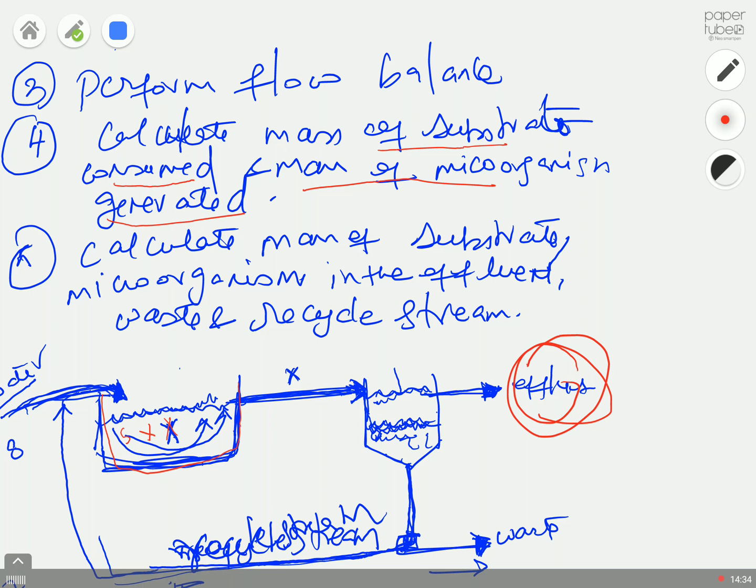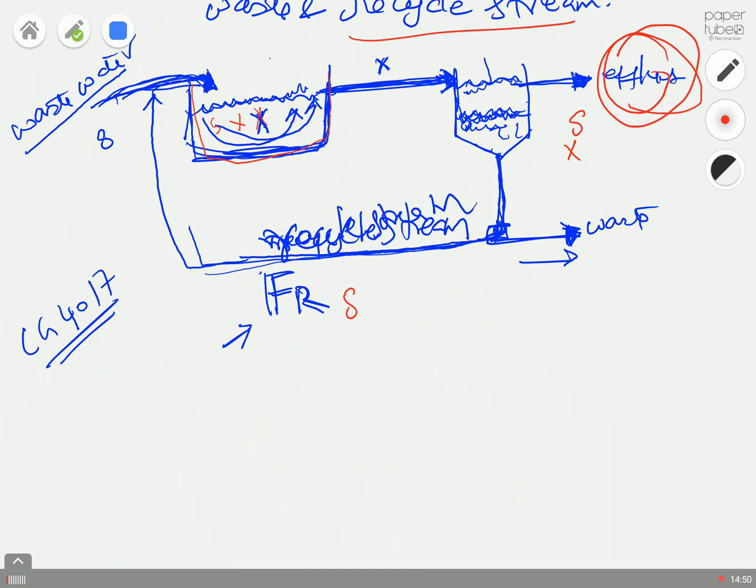So we need to calculate the mass of your substrate and the mass of your microorganisms, and we also have to calculate the mass of substrate in the recycle stream as well.